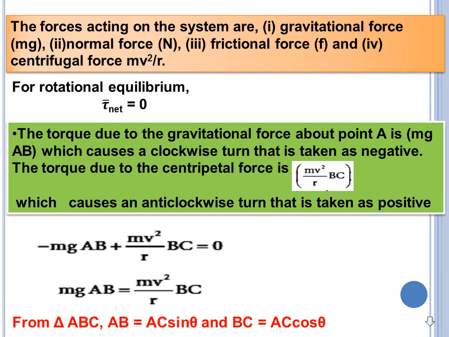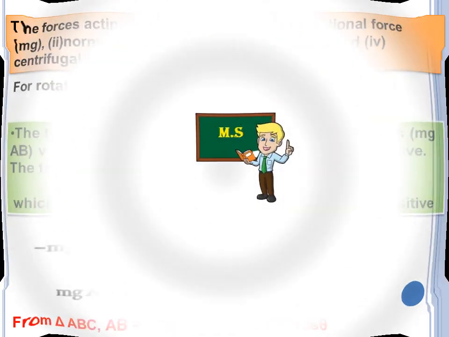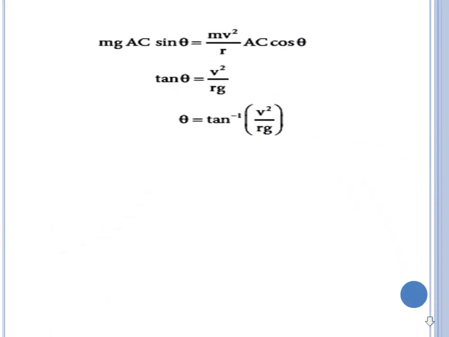From triangle ABC, AB is equal to AC sin theta and BC is equal to AC cos theta. For this, refer to the diagram. So mg AC sin theta is equal to mv square by r into AC cos theta.